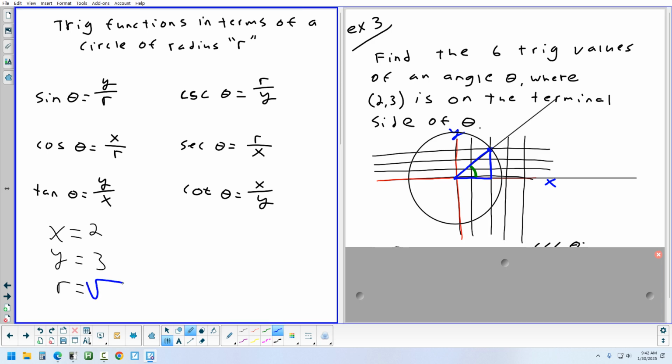So what's going to be the radius of my circle based on using the Pythagorean theorem with a 2 and a 3? 2 squared plus 3 squared, 4 plus 9, no, 13, my bad. So the radius is going to be the square root of 13. Now, you've got your x, you've got your y, you've got your r. Just fill those into all those formulas, and you'll get all 6 trig functions.